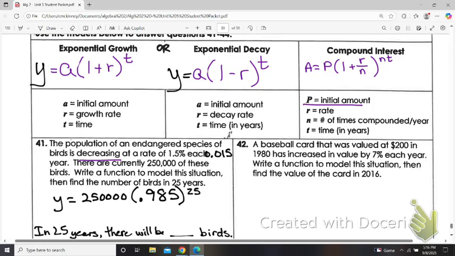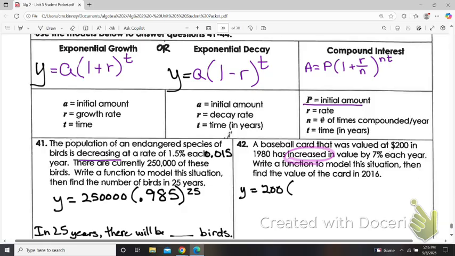$42 increased in value. So we know value is going up, so this one is an exponential growth. So our initial amount, $200.